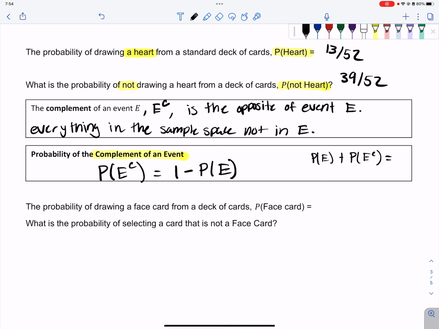In both of these two sets, we are looking at everything in part of our sample space, and then the other one we're looking at the rest of the stuff in the sample space. So when we add these together, this has to equal 1. Otherwise, you're missing elements from one of the two events, and you don't actually have the complement then, because the complement is everything else.